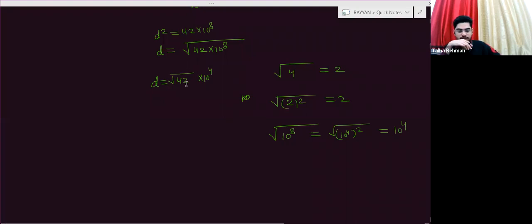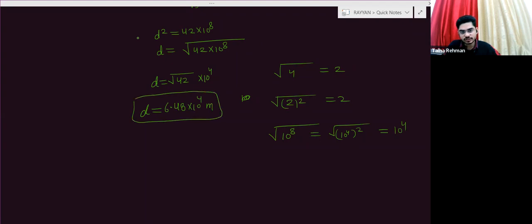It comes out 6.48, I think. So what will be the distance between the two charges? 6.48 into 10 to the power 4 meter. This will be the distance between the two charges.